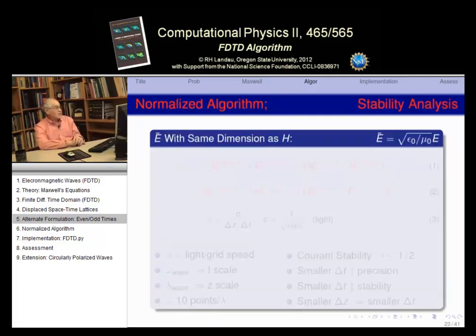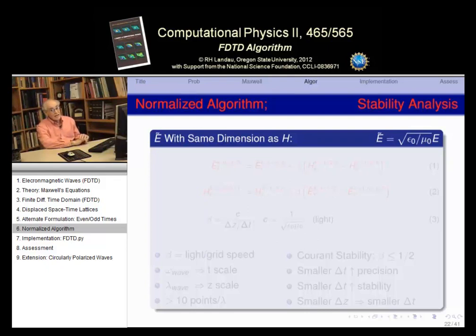So let's go ahead and see if we can apply the algorithm. In hindsight, after trying to apply the algorithm, people have realized we could make life a lot simpler by redefining variables so that both E and H fields have the same normalization. Okay, so that's pretty clever.